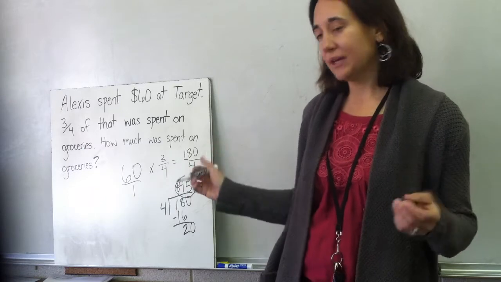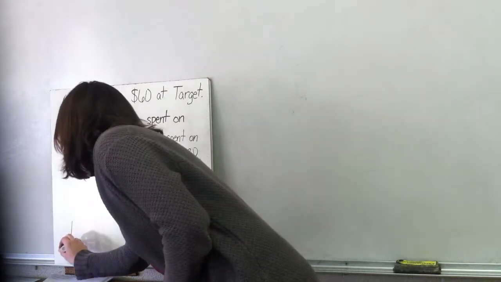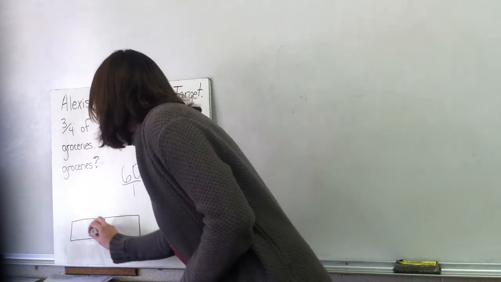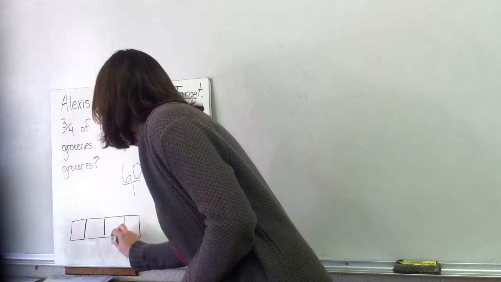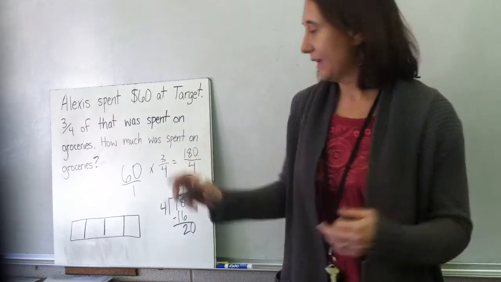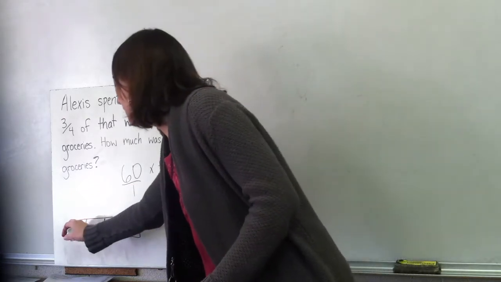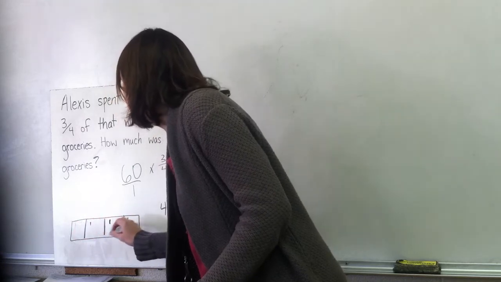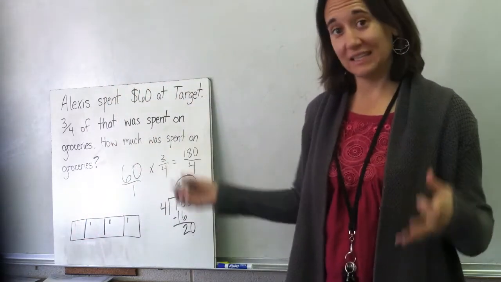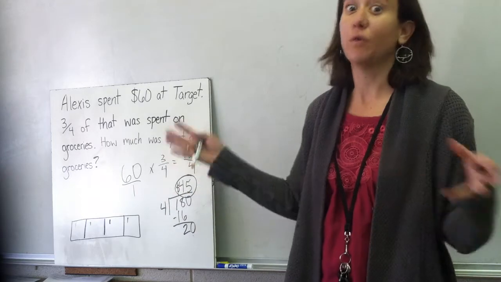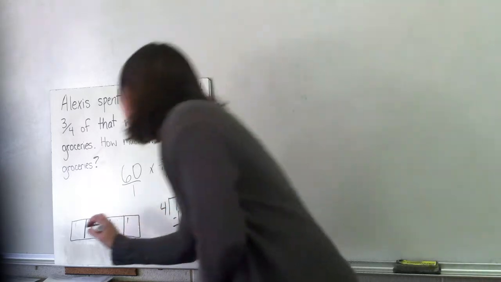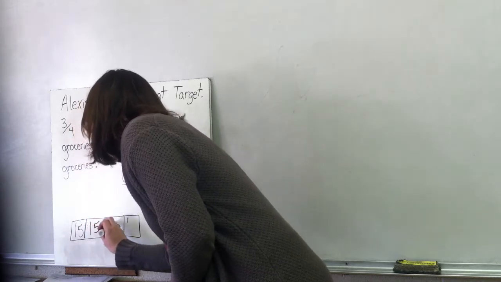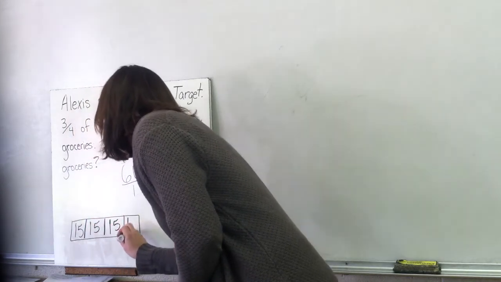But we can see that in pictures also. You have this whole $60, and we've got to divide it into 4 equal pieces. If I divided 60 into 4 equal pieces, I would end up with 15 in each piece.